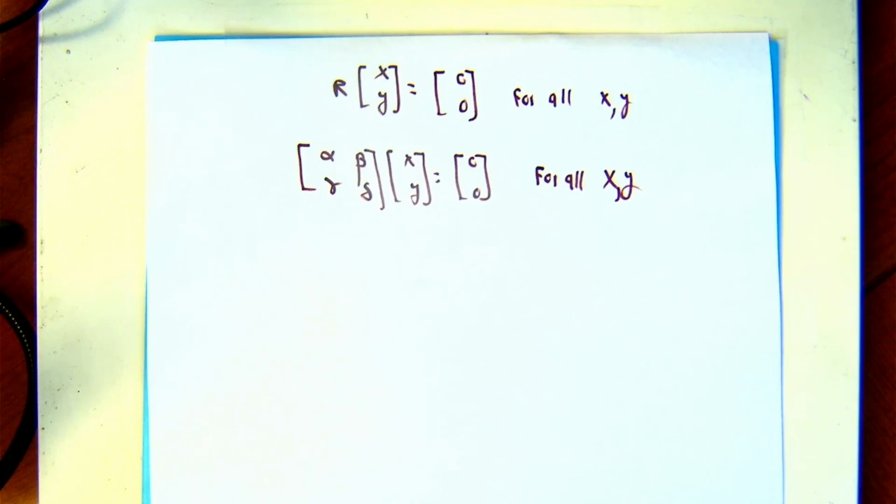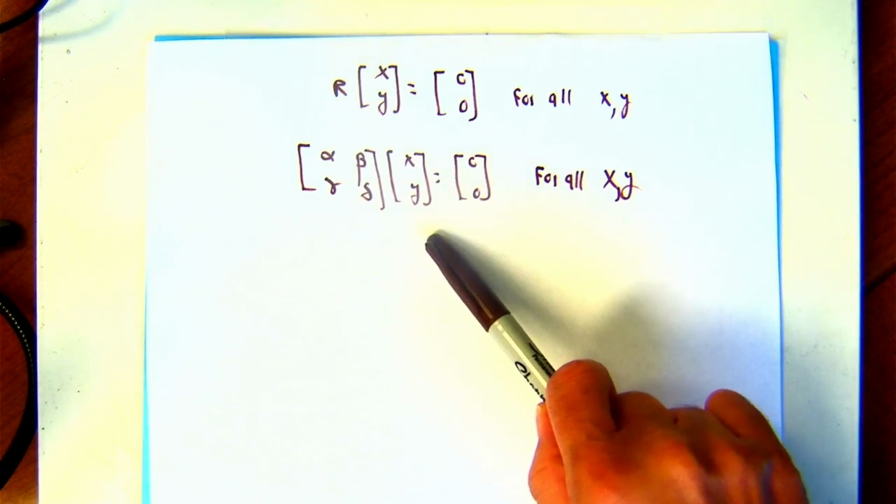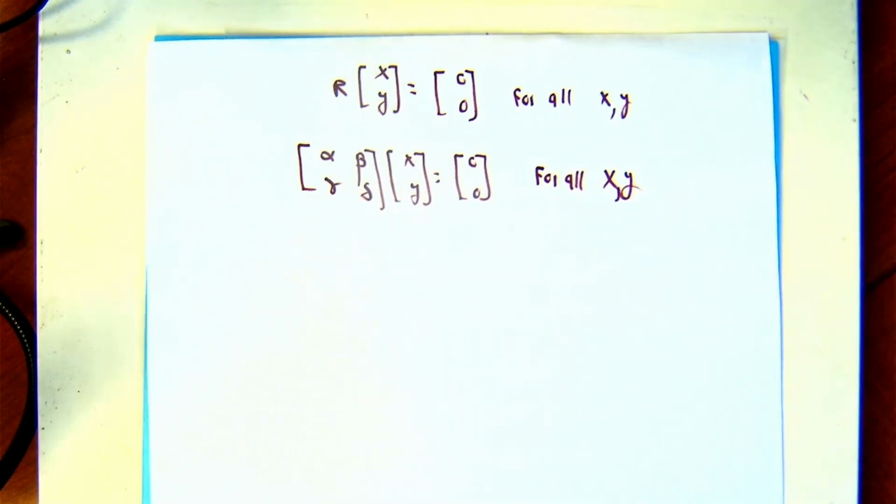Firstly, I'll look at what happens if x is 1 and y is 0. This equation will have to be true because it's supposed to be true no matter what x and y are.